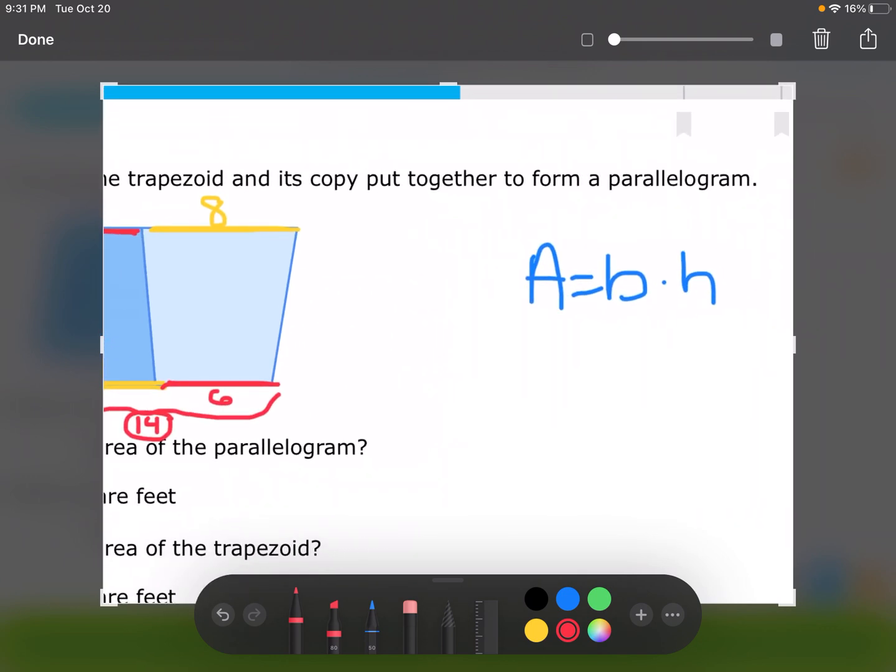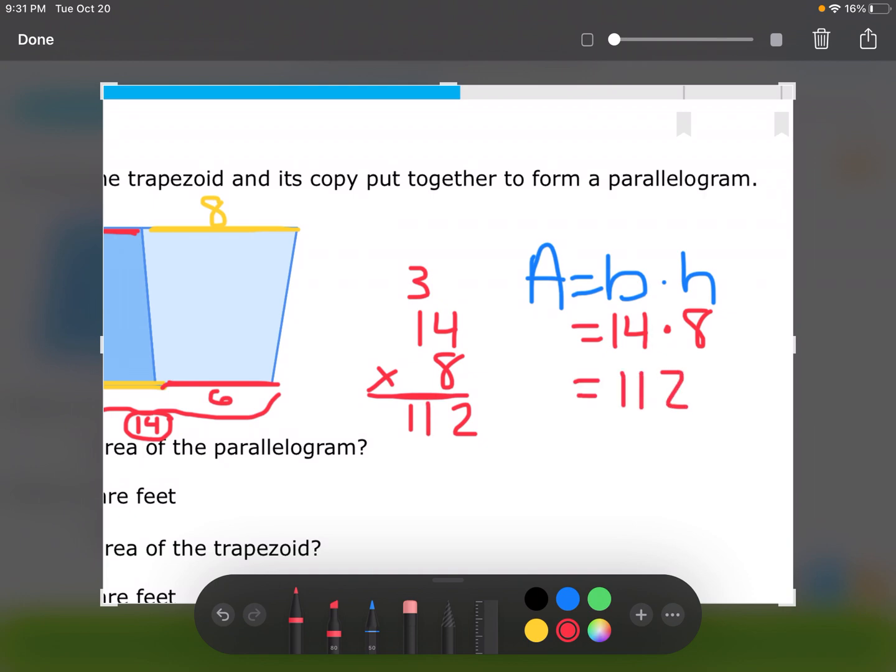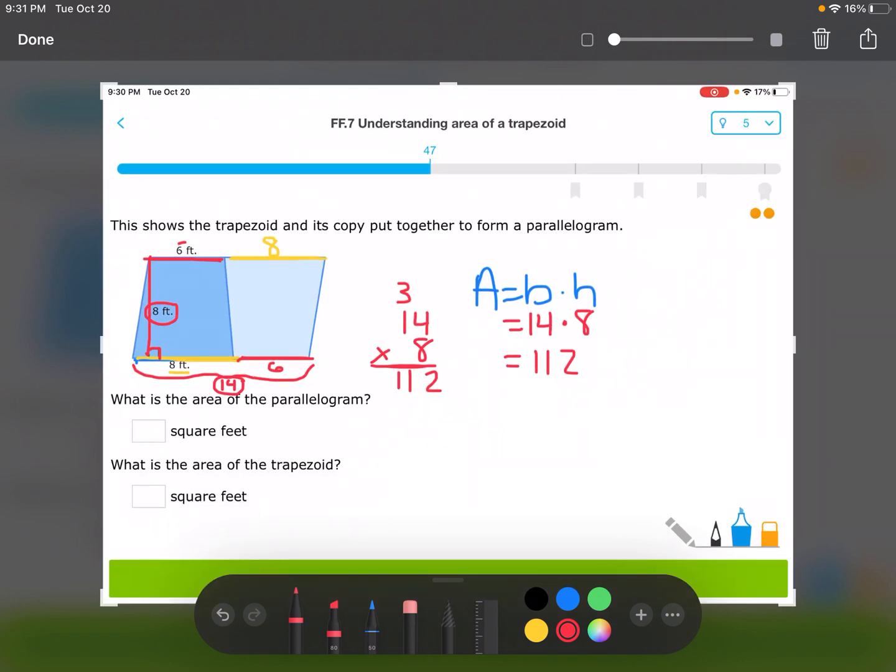So when I go over here to do my base times height, I'm really doing 14 times 8. Okay? So when I do 14 times 8, I get 112. So the area of the parallelogram is 112 square feet.